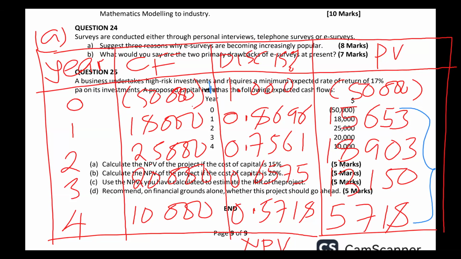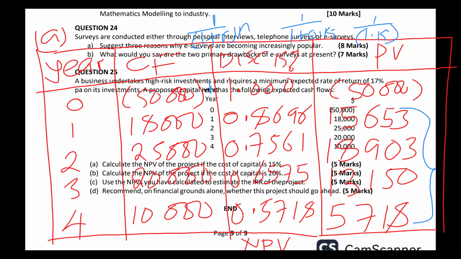The discount is found by saying 1 divided by 1 plus R to the power n. The R in our question, the cost of capital, is 15%. So you say 1 divided by 1 plus 15%, which is 0.15, right? Yeah, that's 15%, 0.15. When you add that, it should give us 1.15, to the power n. And n is the year number.